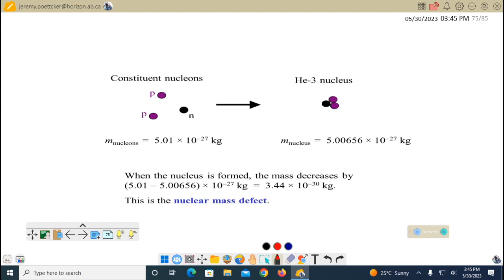When the nucleus is formed, the mass decreases by not very much, 3.44 times 10 to the negative 30 kilograms. This is what we call the nuclear mass defect. We've talked a lot throughout the course about significant digits, but this is one place where we absolutely cannot round, because otherwise it destroys this and we don't see the nuclear mass defect.